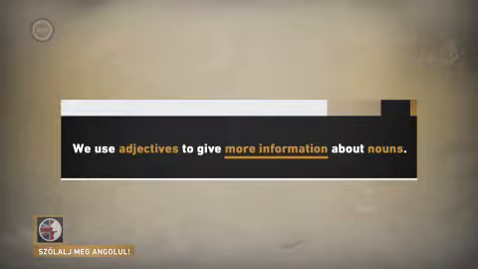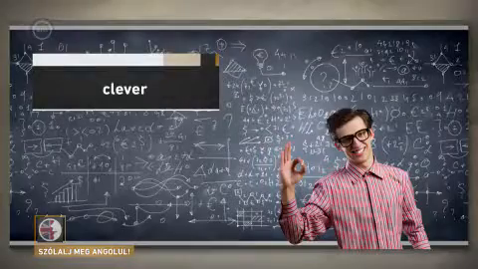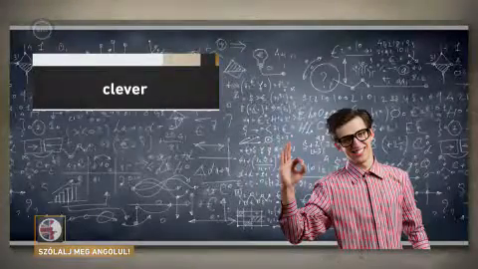As I'm sure you all remember, we use adjectives to give more information about nouns. Adjectives are words like red or tall or clever, for example. When we use adjectives, we can give more information, more color to what we're saying.